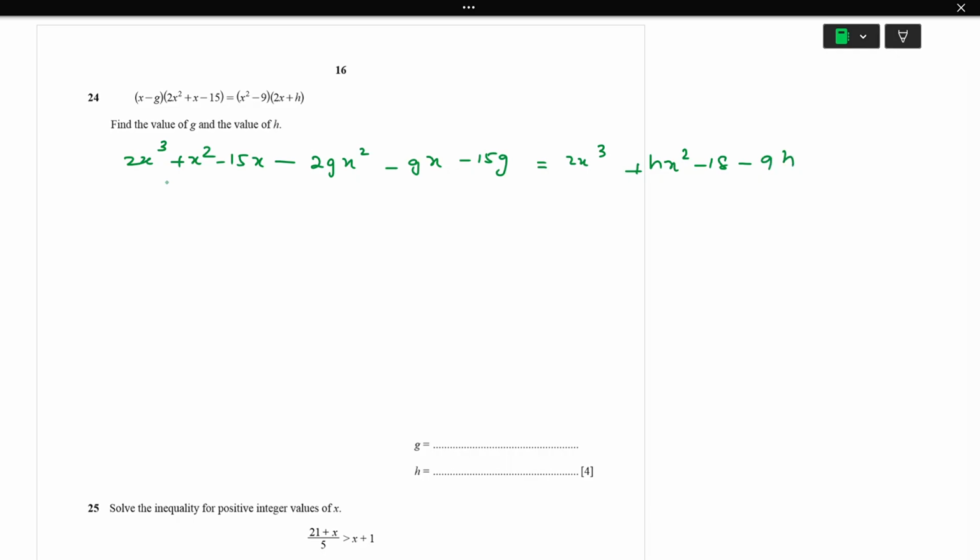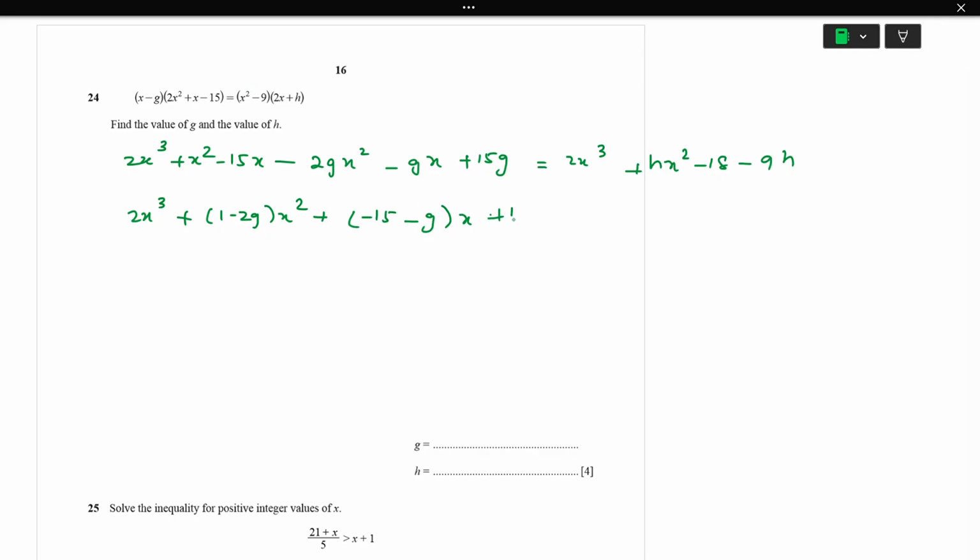Left side there is only one x cube, and x square there are two x squares, so 1 minus 2g into x square, and the x term is minus 15 minus g, and the constant is plus 15g, because minus g times minus 15.